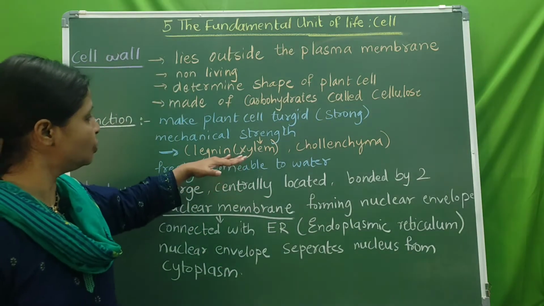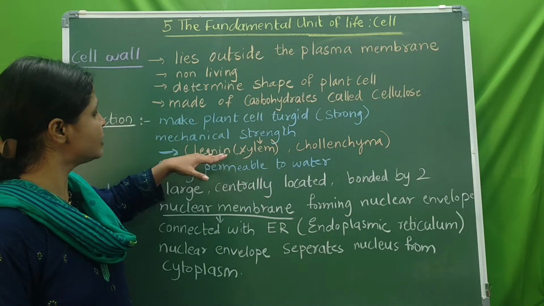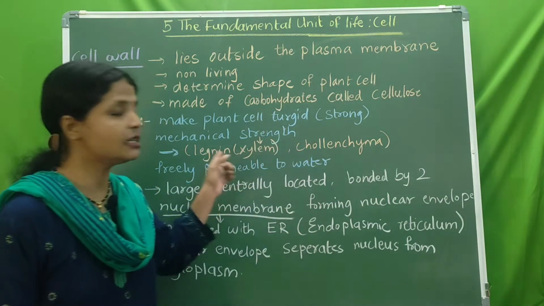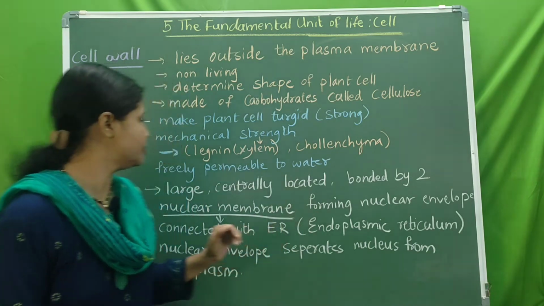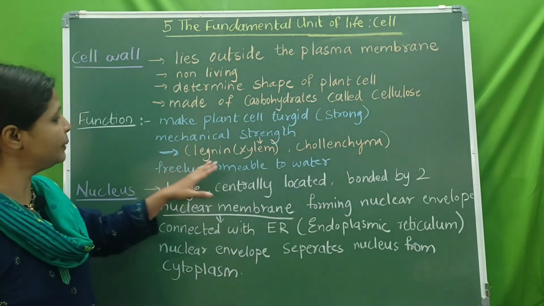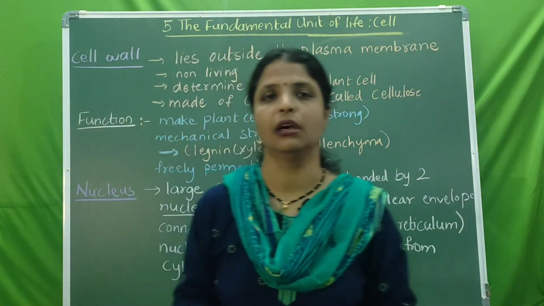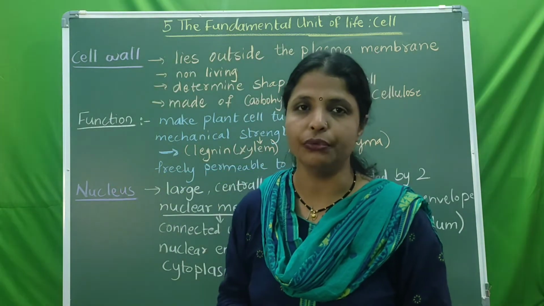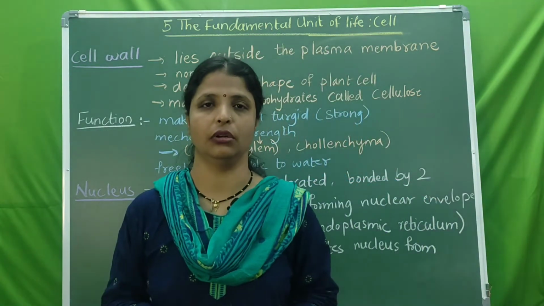Here it is enough to know that it is made up of special kinds of tissues, lignin and collenchyma, that provide mechanical strength or support to the plants. Then it is freely permeable to water, which means it can easily absorb water and allow water to move out. So this is about the cell wall.